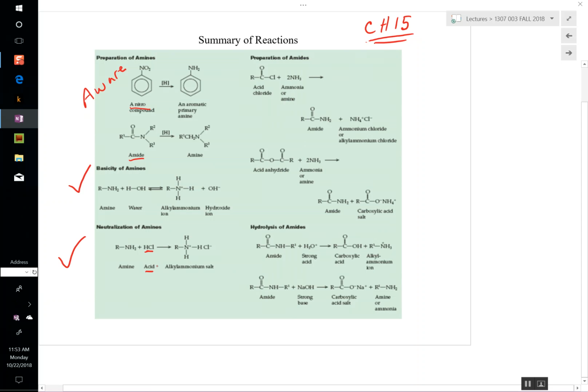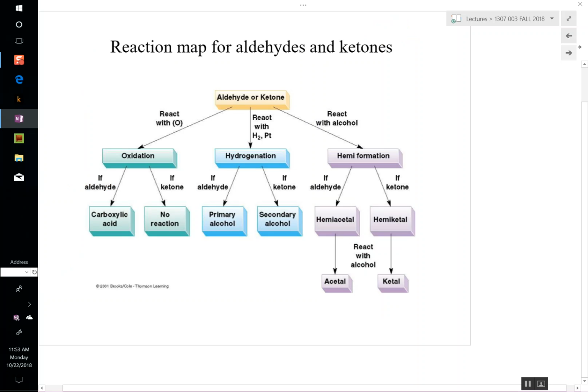So how does an amine react with hydrochloric acid? It forms the ammonium chloride. Methylamine becomes methylammonium chloride. And you don't need to worry about those. Chapter 13.